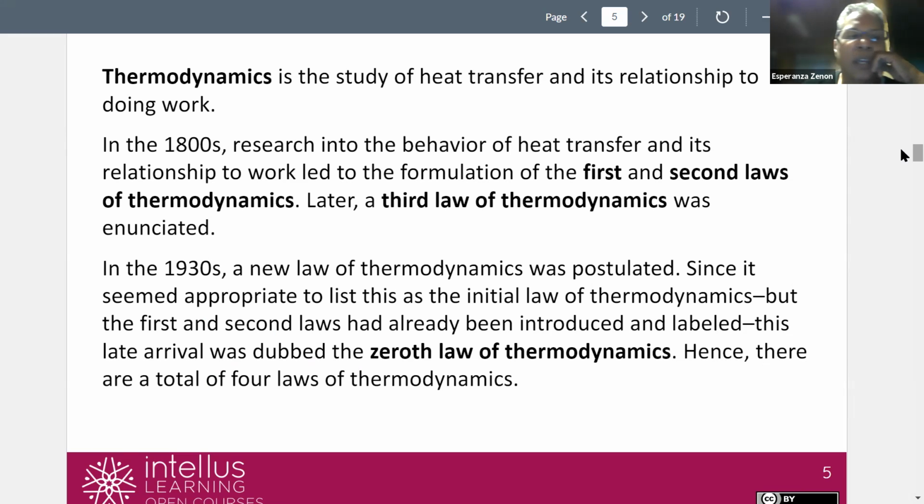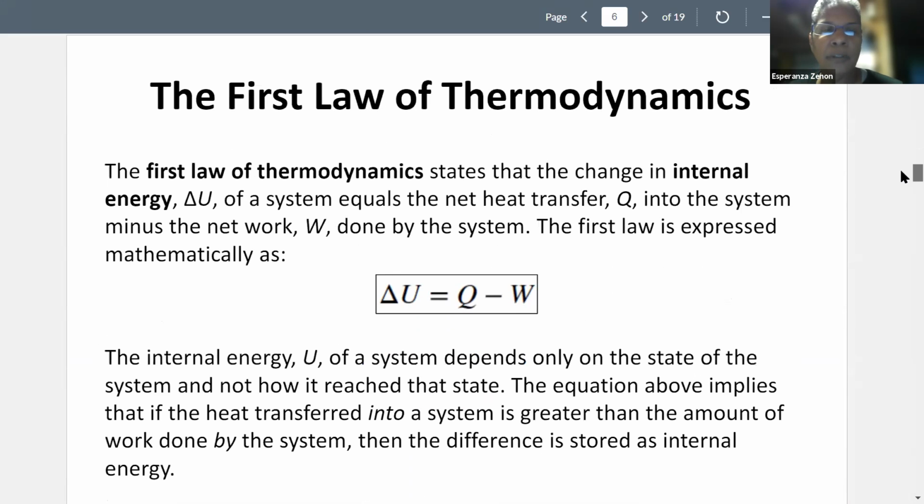It tells you here what work led to the formulation of the first and second laws of thermodynamics, and then later the third law was added. After all of that, they went back and came up with the zeroth law. So there are four laws of thermodynamics. I've introduced you to the zeroth law because it's the most basic. We're not going to focus on the second and third laws here. What I want to take a look at is the first law.